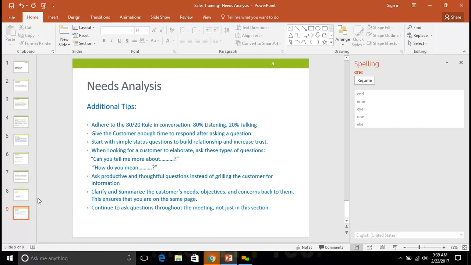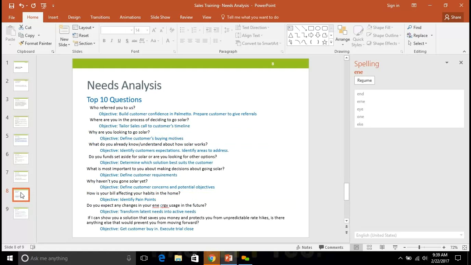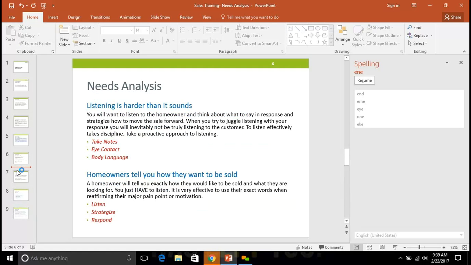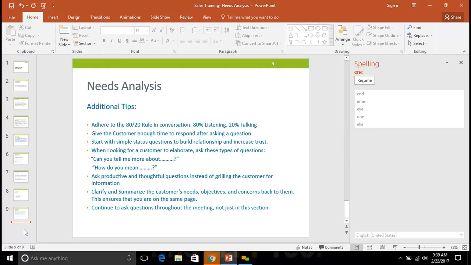Great. And I agree. So I think that's super important. One of the things that we'll talk about with needs analysis is when you have a customer, identifying a customer's personality and mirroring their personality and things like that as well.